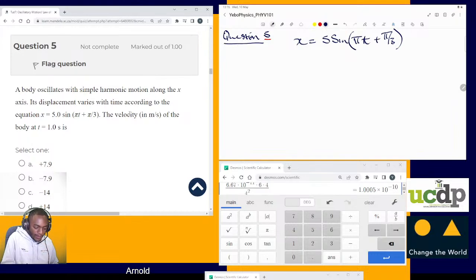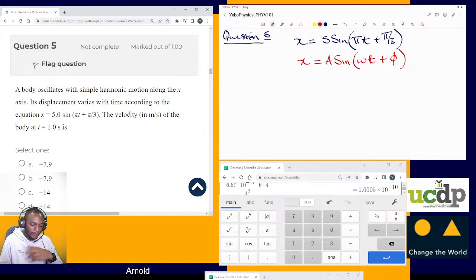This equation looks similar to the general equation x is equal to A sine omega t plus the phase offset.